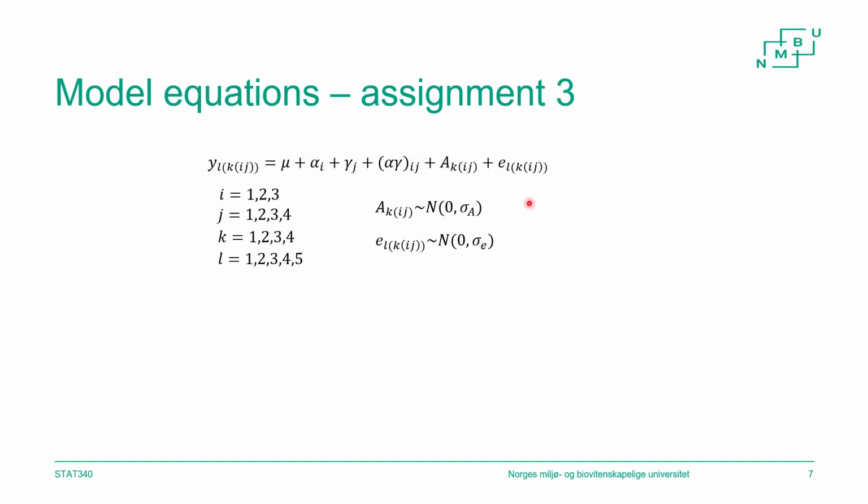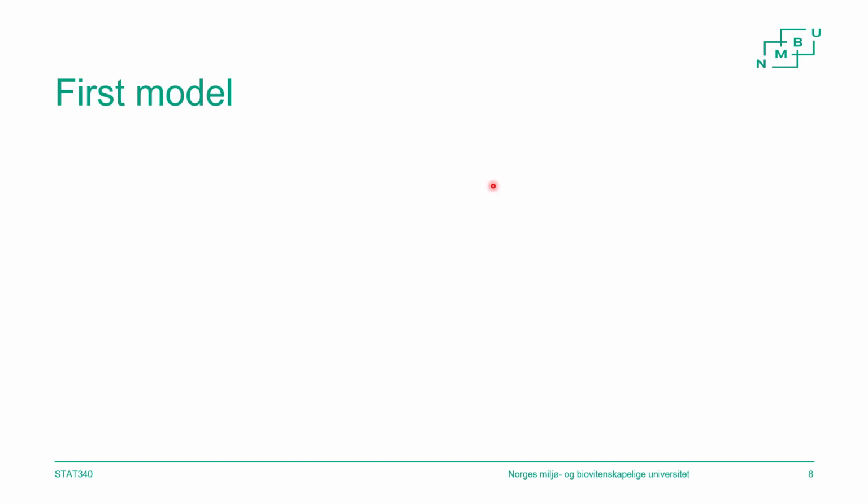Okay, so let's see how do we write an equation like this? And that is what I was thinking of elaborating a little bit around now. So what I would actually do when I face a data set like this, I would start with the very simplest model of them all, saying that the response that we observe is simply some expected value plus some randomness.